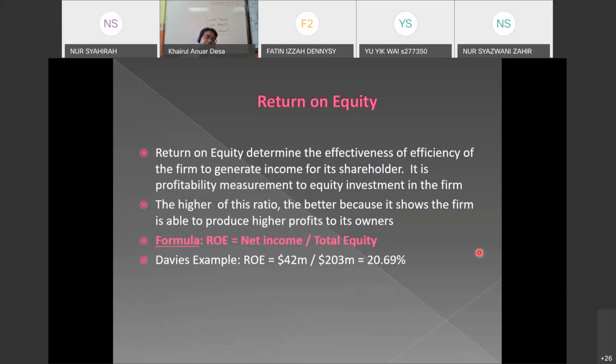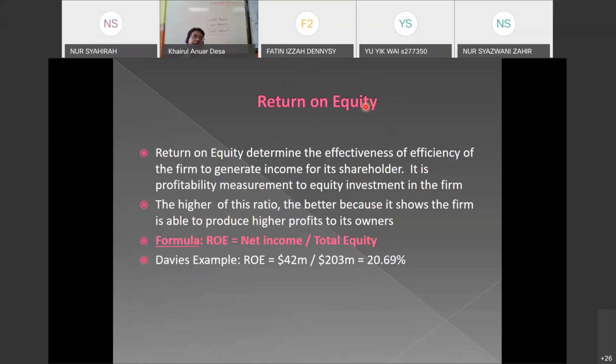Return on equity determine the effectiveness or the efficiency of the firm generate income for its shareholders. Okay, para pelabur ataupun shareholder ni selalu akan memerhatikan return on equity. Setiap ringgit yang mereka laburkan, berapa banyak mereka boleh dapat balik. Okay, berapa peratus mereka boleh dapat balik.